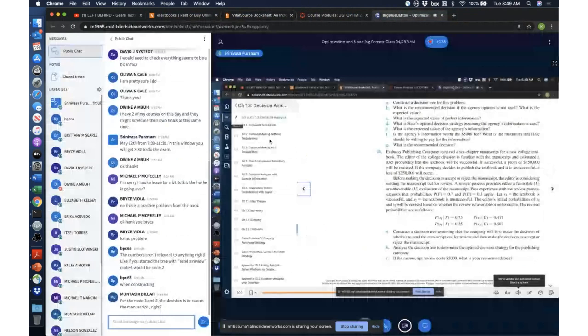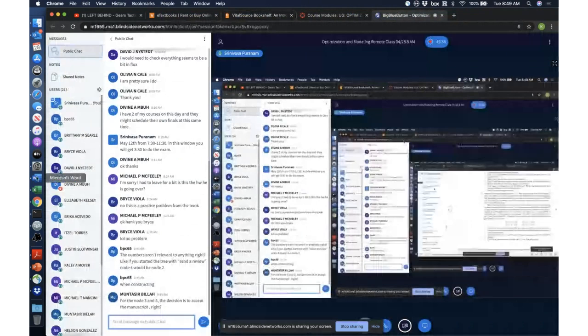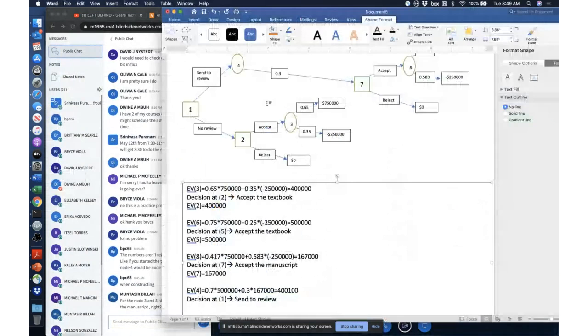So if the review itself is going to cost you $5,000, then the expected payoff here is not $400,100 anymore. You have to subtract $5,000 from that. So if the review costs money, then it will actually be $395,100, in which case it makes sense for you not to send it out to review.